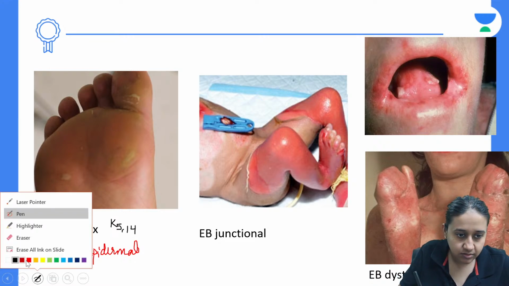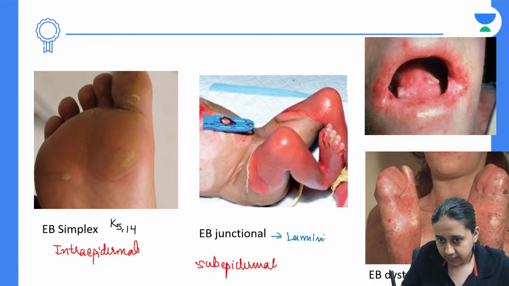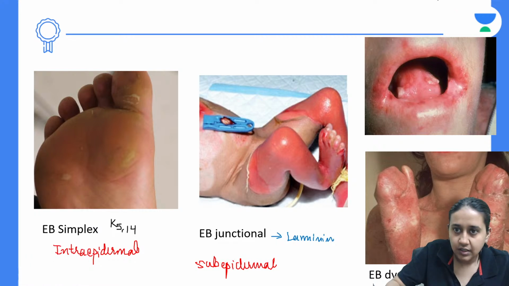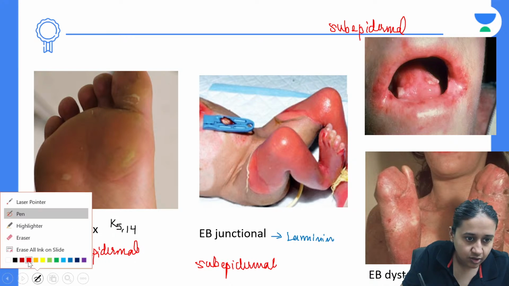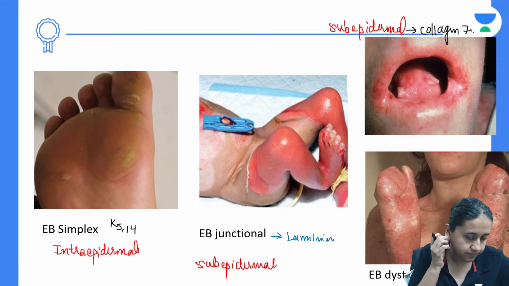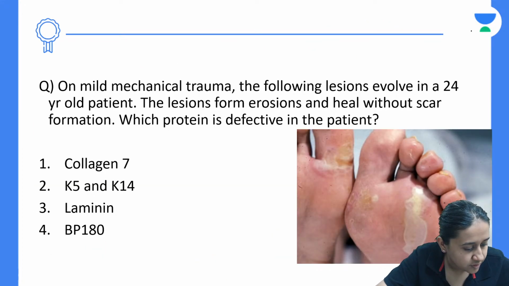In EB junctional, it is subepidermal because the problem occurs in the basement membrane zone, laminin, while in EB dystrophica the split is subepidermal because the damage occurs to the collagen 7. If this is clear, can I get a quick thumbs up from all of you? So let's move to the next question.